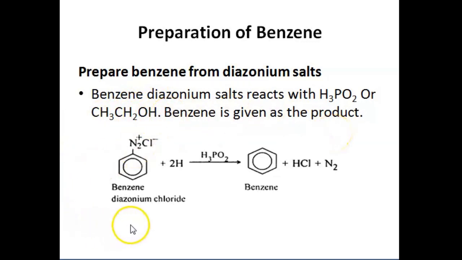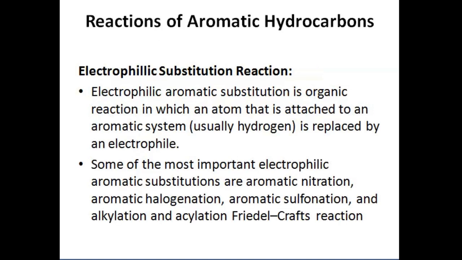So if we say benzene diazonium chloride reacts with H3PO2, it gives us benzene as the product plus hydrochloric acid and N2. There are many more methods of preparation of benzene. Benzene can be prepared by different methods.